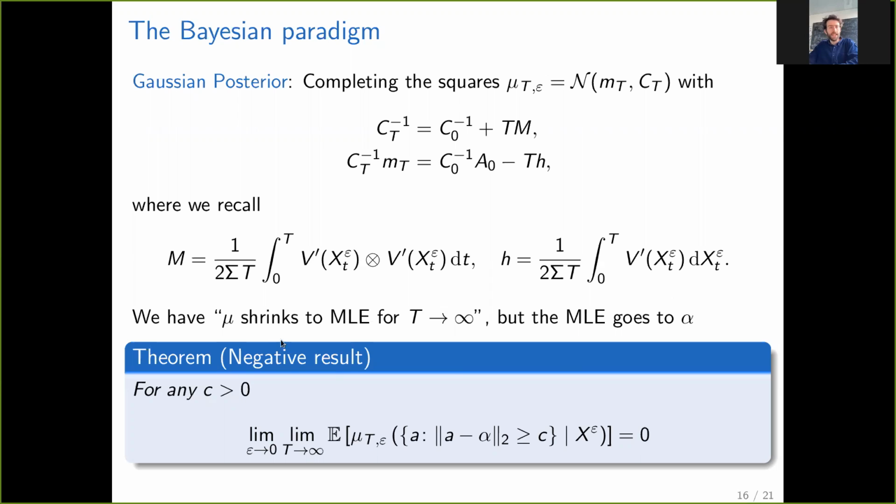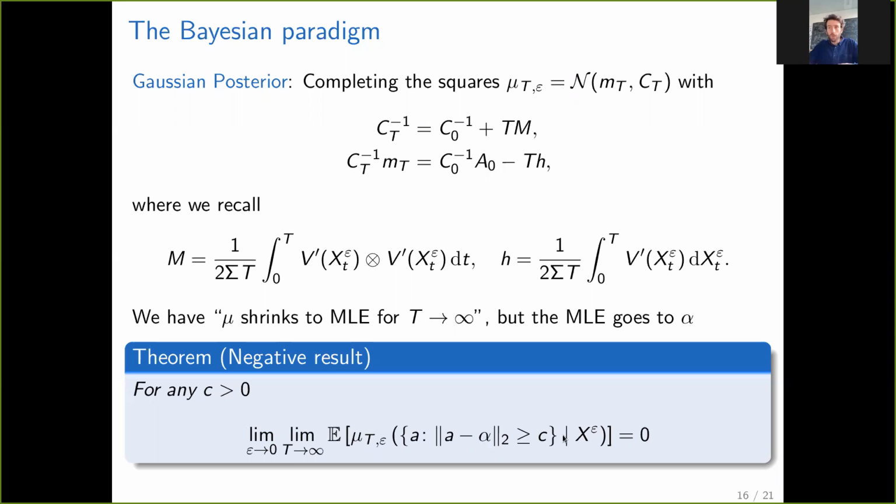So we have this negative result: if you take the posterior measure of the complement of any ball, for any given radius, arbitrarily small, and the ball is centered in the multiplier of the slow component of the multiscale diffusion, then asymptotically, this expectation is taken with respect to the Brownian motion, this measure is given by 0.